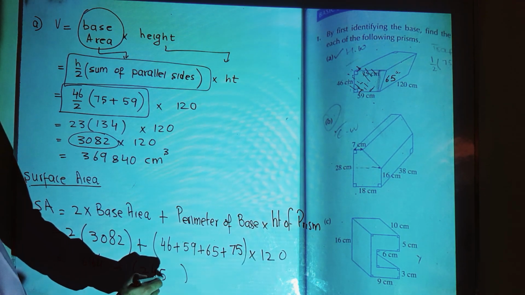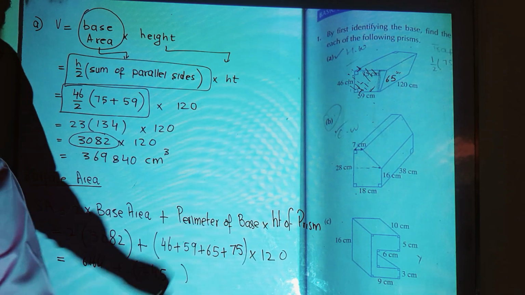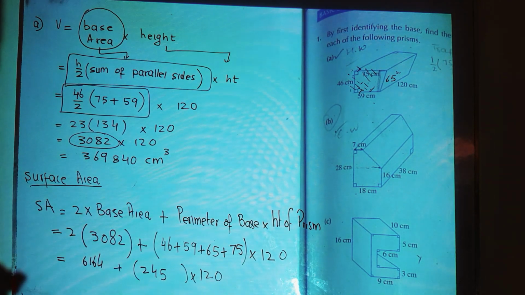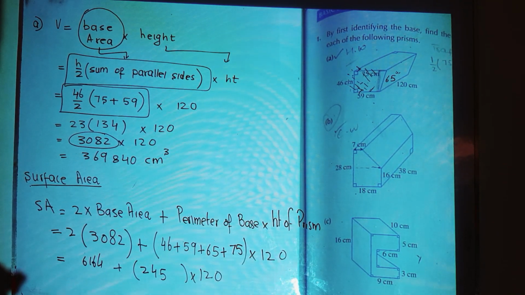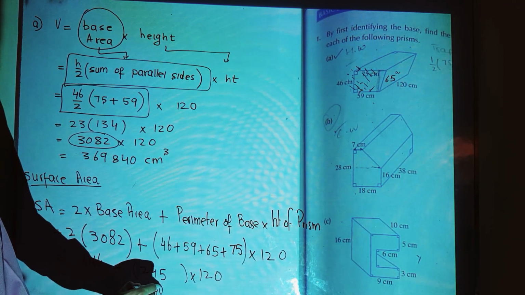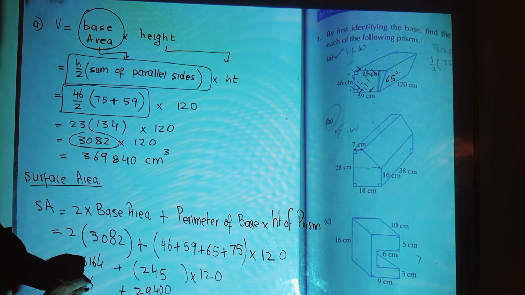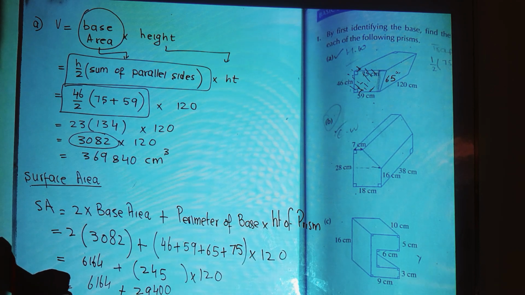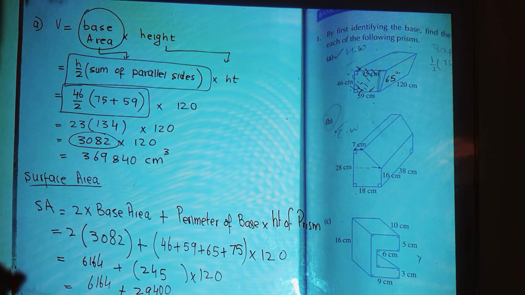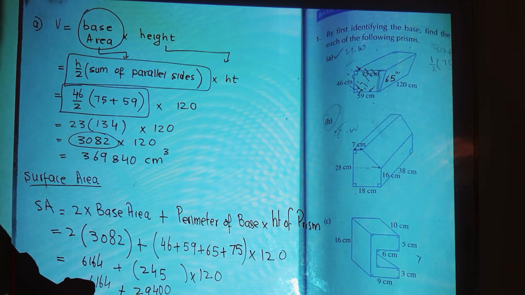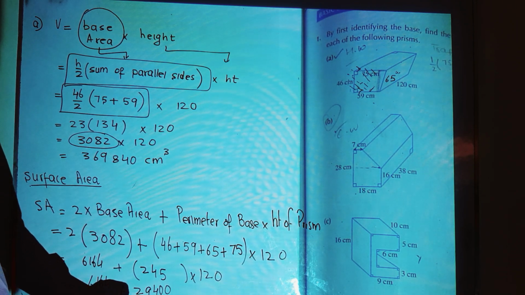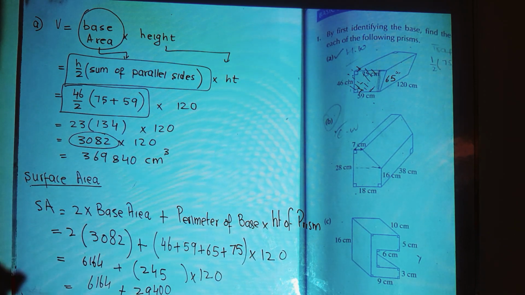This is the total perimeter, the addition of all the boundaries of your trapezium, into 120. Multiply them, 245 into 120 will give you 29400, plus 6164. The addition of these two will give you the total surface area, that is 35564, in centimeter square.